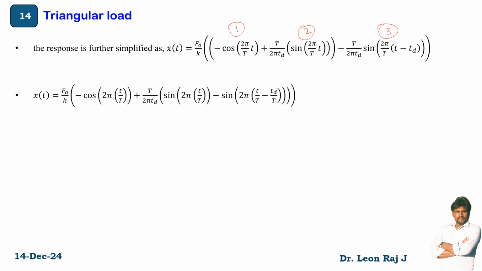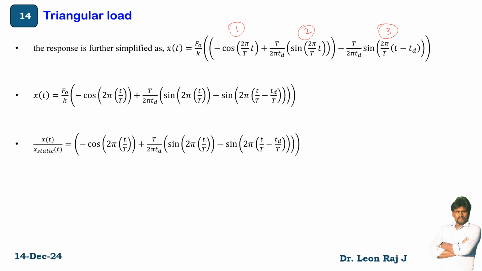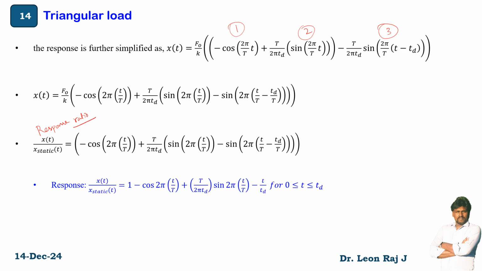So the response is further simplified as x of t equal to f0 by k, minus cos 2 pi small t by capital T plus capital T by 2 pi Td into sine into 2 pi small t by capital T, minus sine into 2 pi small t divided by capital T minus Td by T. So f0 by k is further struck down when you get the response ratio. This is your response ratio.